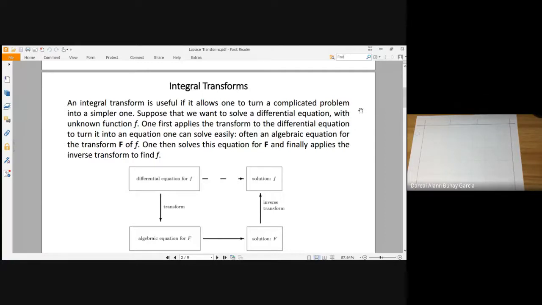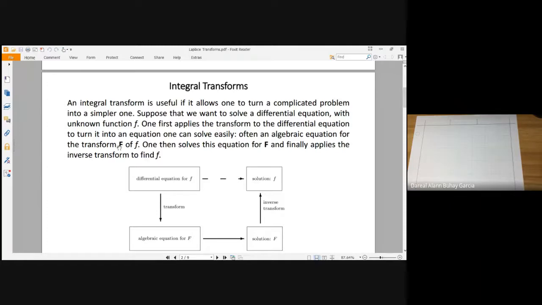Suppose that we want to solve a differential equation with a known function, f, this one in the slide. One first applies the transform to the DE to turn it into an equation that one can solve easily, often an algebraic equation for the transform capital F of f.